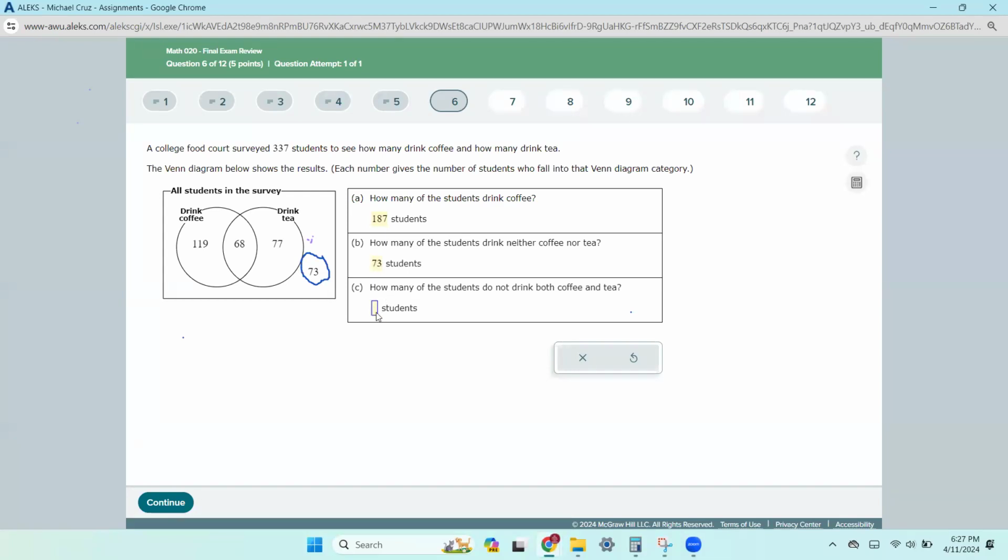How many of the students do not drink both? Okay, here is both. And we don't want both. So we add 196.